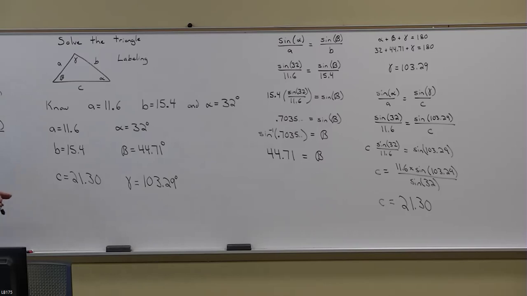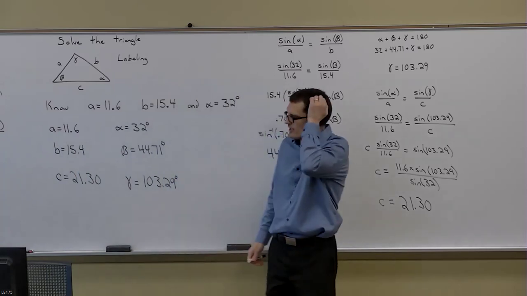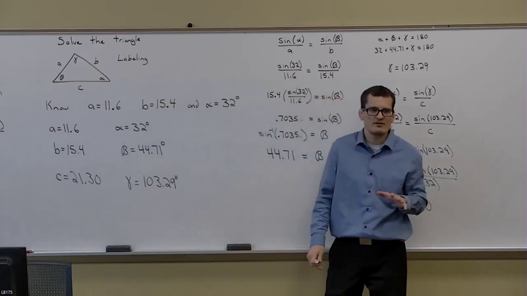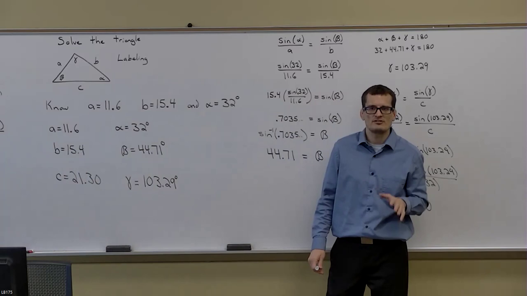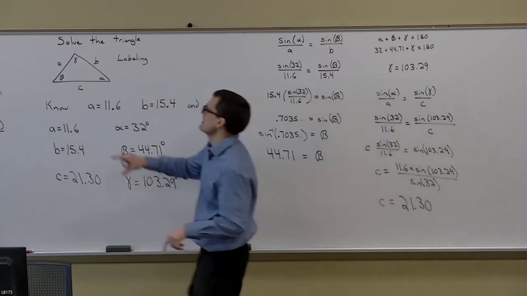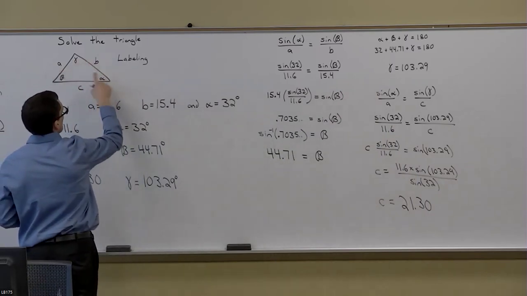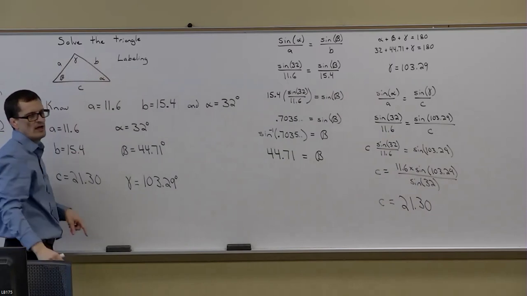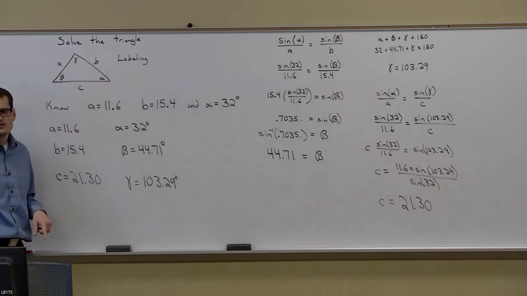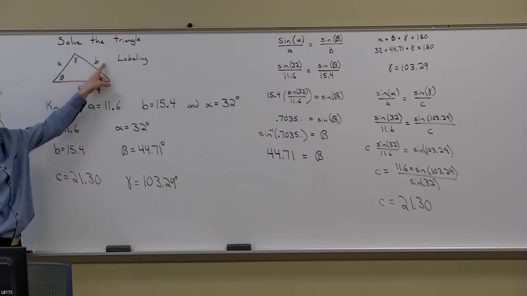By the way, the book goes through this a little bit more in detail. I'm not really concerned too much about the labeling structures, but with this labeling structure, I was given A and then B and then an angle that's next to that B. So this is called a side-side angle structure. You're given two sides next to each other and then an angle.